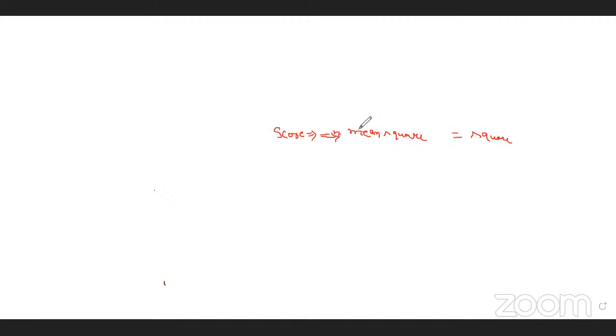Let's say we have two models, M1 and M2. Model 1 has a mean squared error value of 50, and model 2 has a mean squared error value of 40. Which one is the better model?